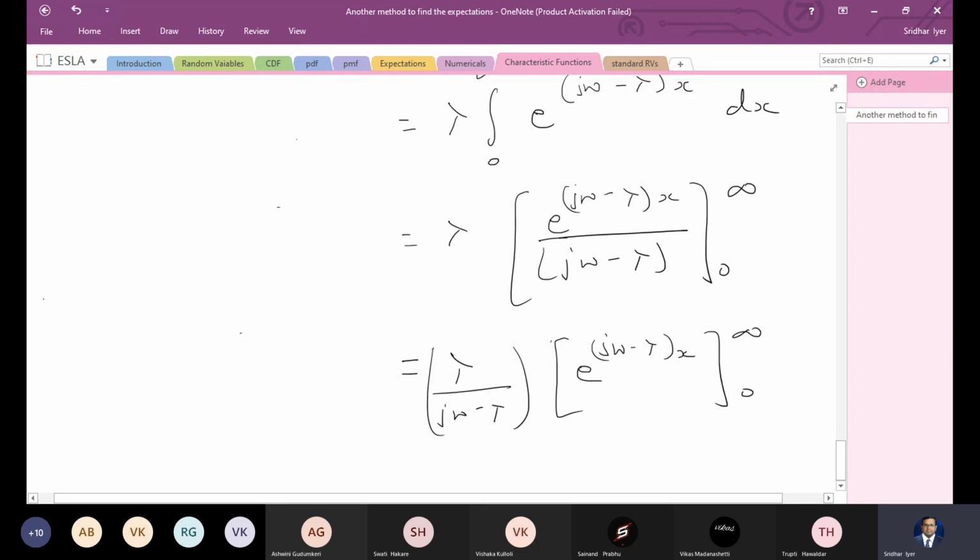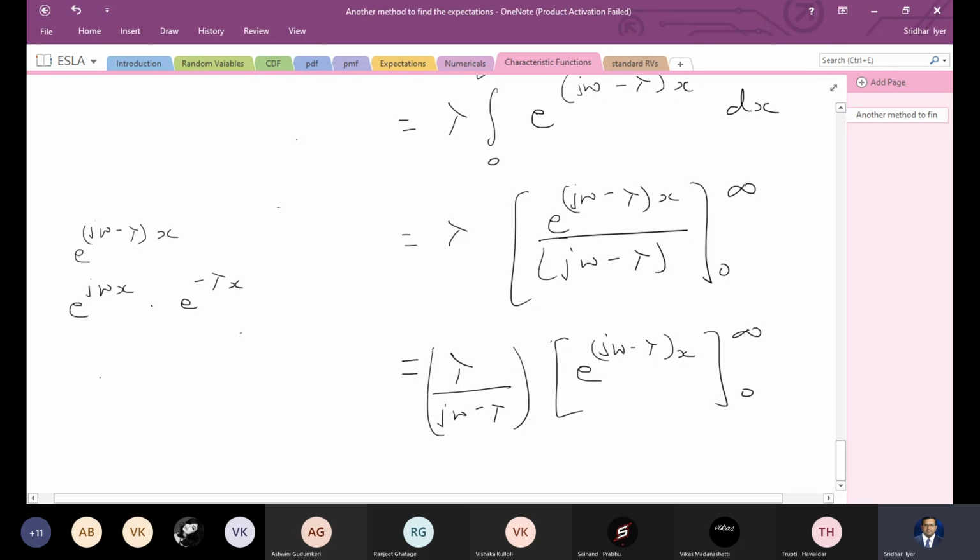Now let's do this on the side. E raised to j omega minus lambda into x, I can also write this as e raised to j omega x into e raised to minus lambda x. I hope you are able to understand this, right? Then you have the first limit, which is infinity.